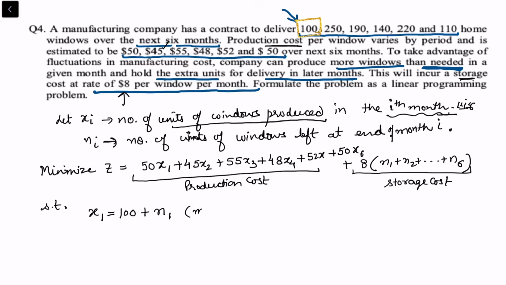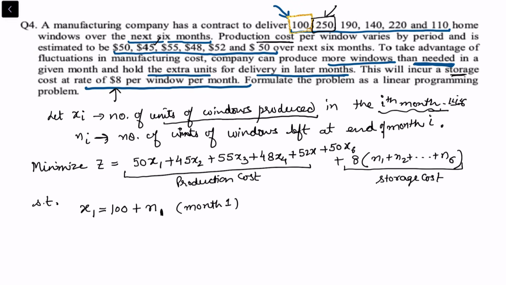So this is month 1. We may produce extra or we may not, so that decision variable n1 will also be greater than or equal to 0. But let's say there are some windows available in the first month and this number exceeds 100, then this n1 has to be added to 100 and that becomes the total number of windows produced in the first month.